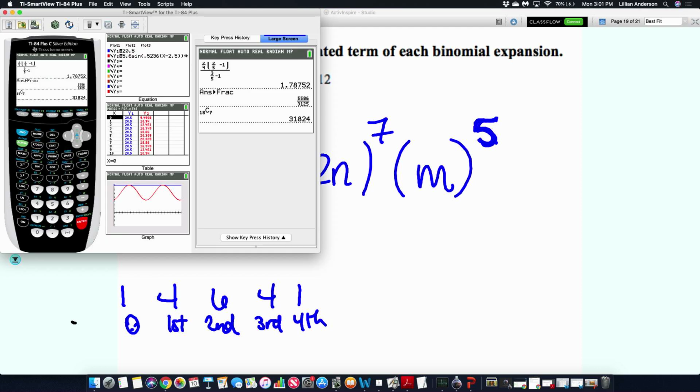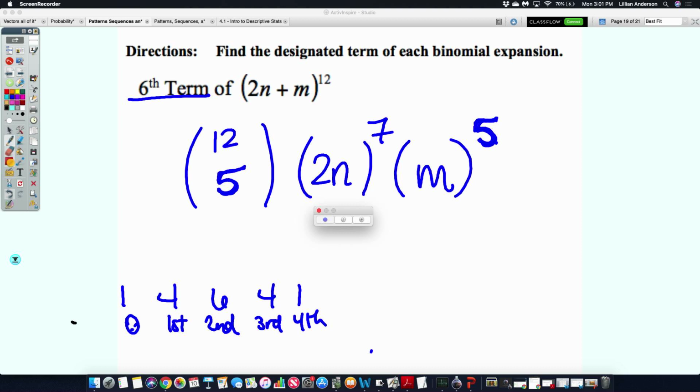Can you guys use your calculator and tell me what is the sixth term of this expansion? Did we find the term? Yes. The full thing after you take 2 raised to the 7th power and multiply by whatever 12 choose 5 is. What is 12 choose 5? 792.